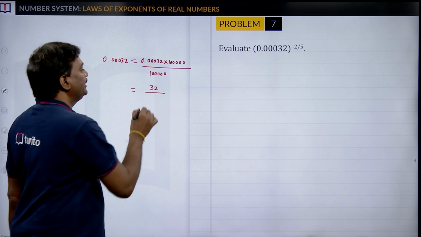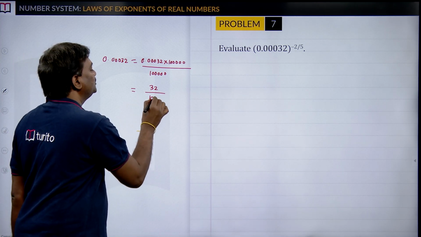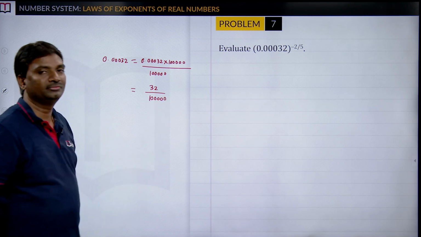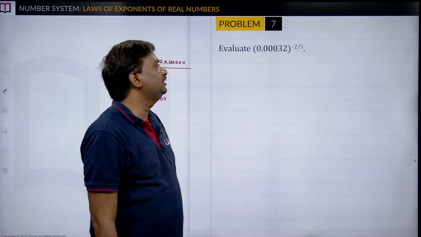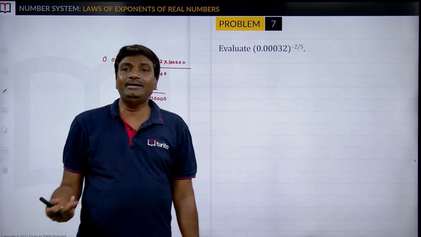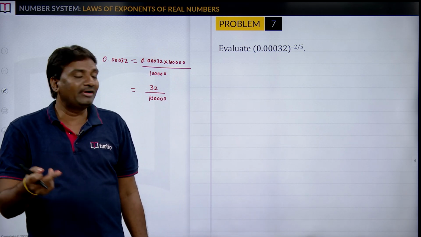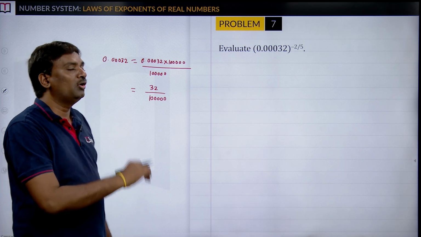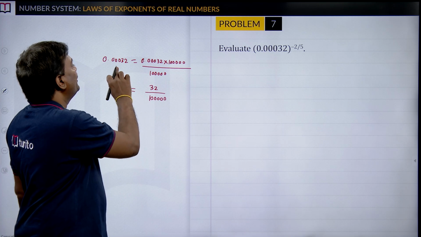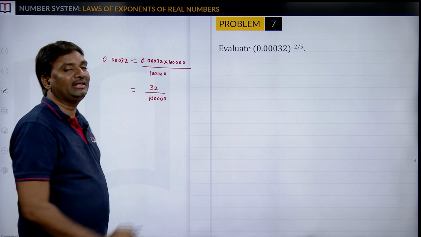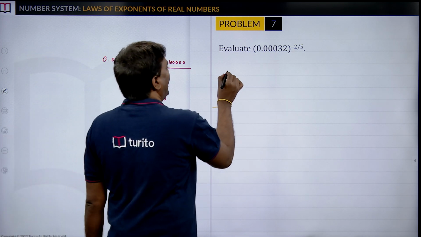In the denominator, you keep 1 lakh as it is, 5 zeros. So here I have taken 0.00032 and multiplied and divided by 1 lakh. So we got 32 by 1 lakh. Now in place of 0.00032, we can write 32 by 1 lakh.